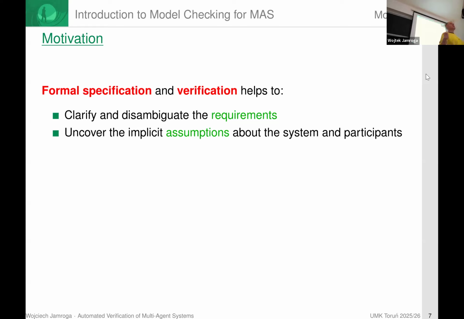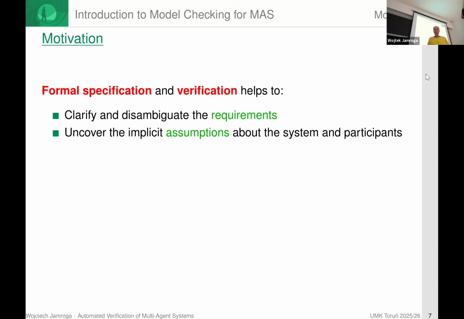Because basically if you detect something so late in the system development pipeline, you have to go back and redesign the system and then redo the detailed design, the prototyping, the implementation, and so on. Or you have to accept that the system will be buggy.